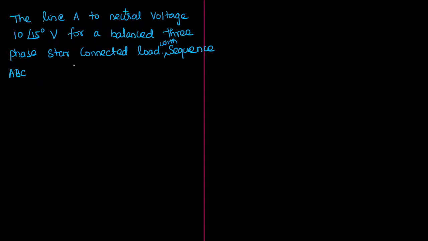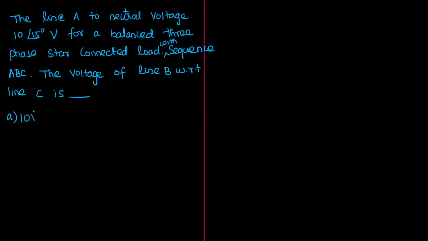The voltage of line B with respect to line C is given by, the question is, the voltage of line B with respect to line C is dash. They have given some options here.